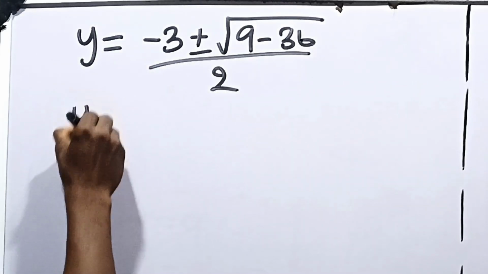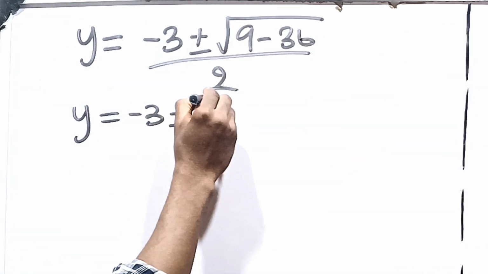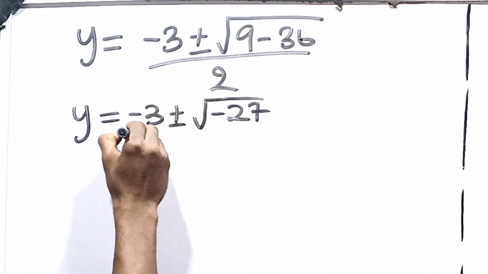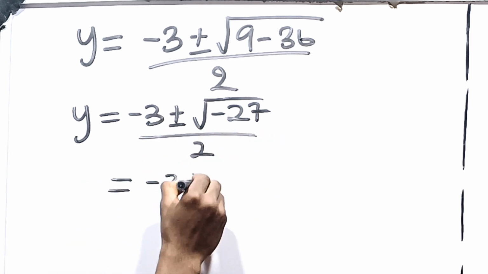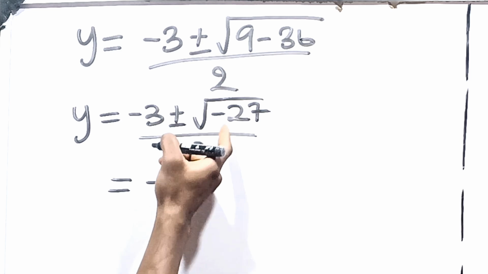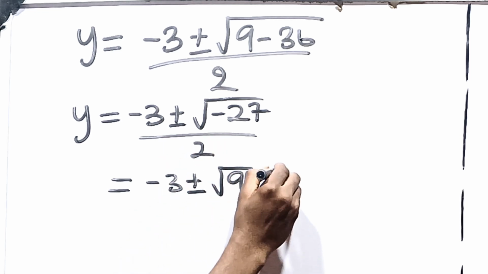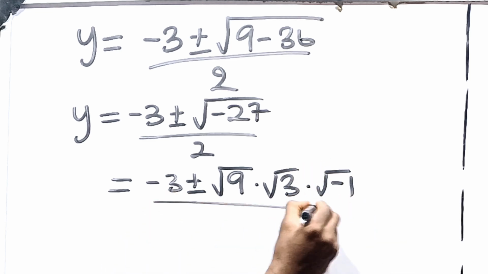That is, y is equal to minus 3 plus or minus square root of 9 minus 36, which is negative 27, all over 2. And this is equal to minus 3 plus or minus root of 9 times root of 3 times root of minus 1, all over 2.